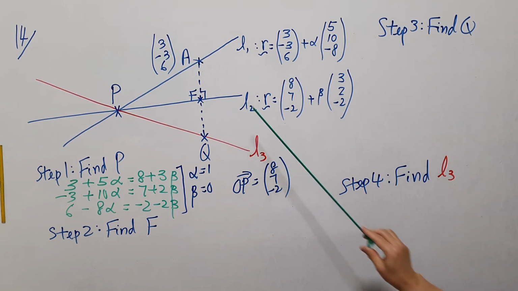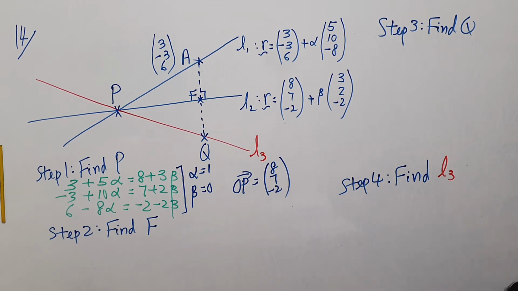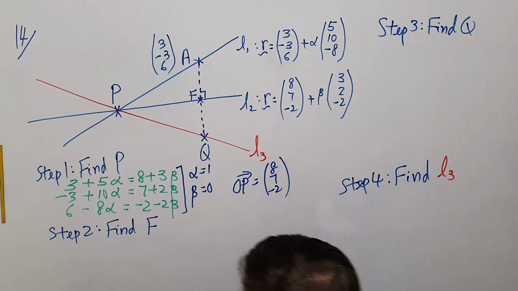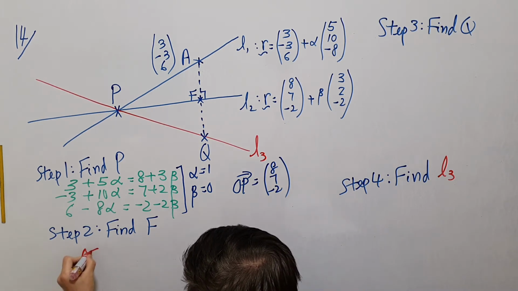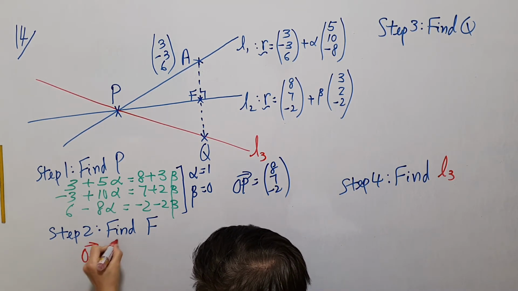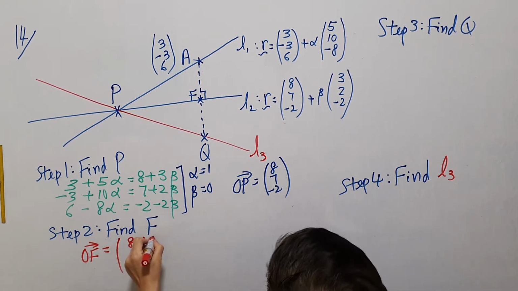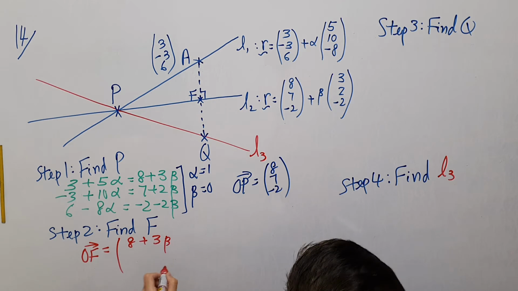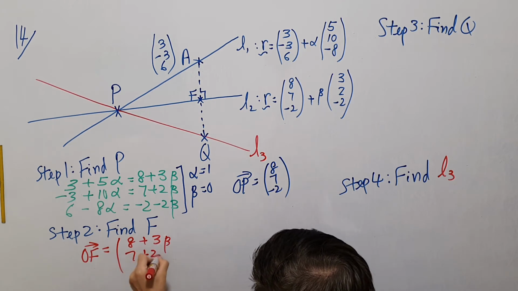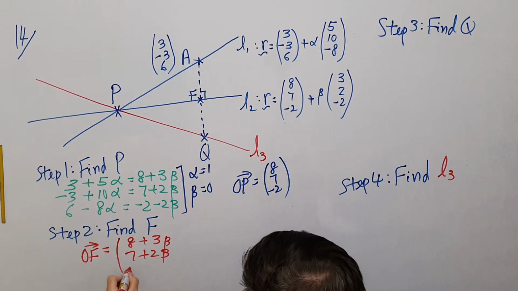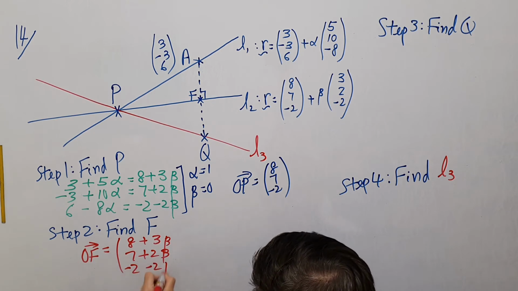Because this point F is on the line L2, I can start off by saying that the point OF has a position vector like this: 8 plus 3 beta, 2 beta, minus 2 beta.